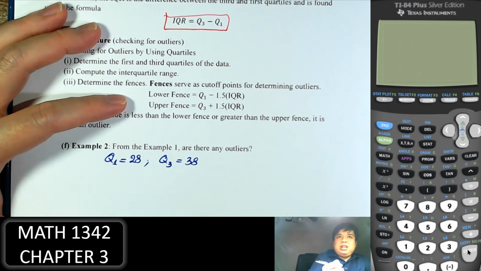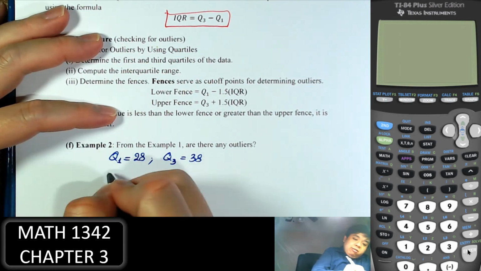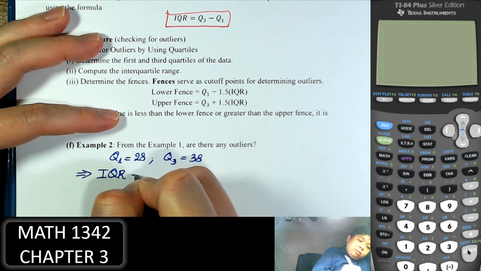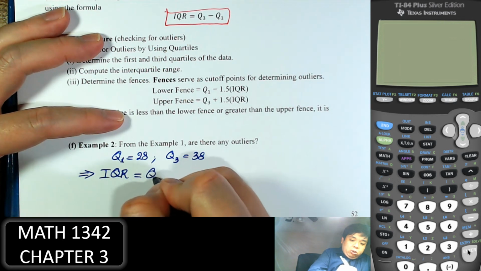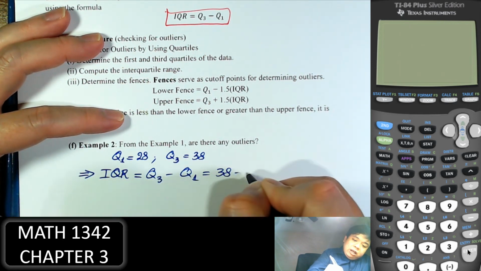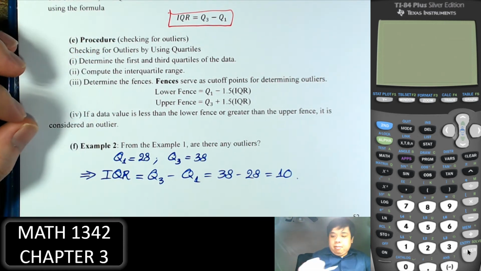That's all we really need. The mean is 32.5, we don't need that. First we calculate the interquartile range, Q3 minus Q1, 38 minus 28, which is 10. So the interquartile range is 10.